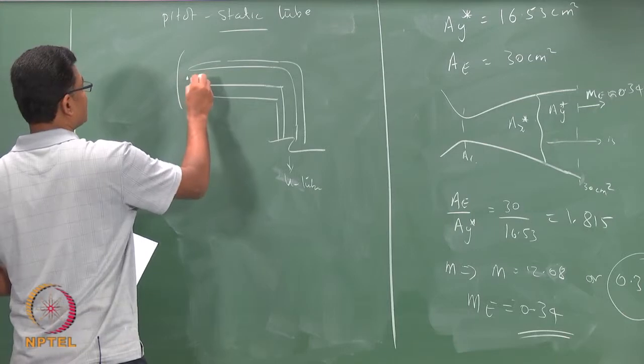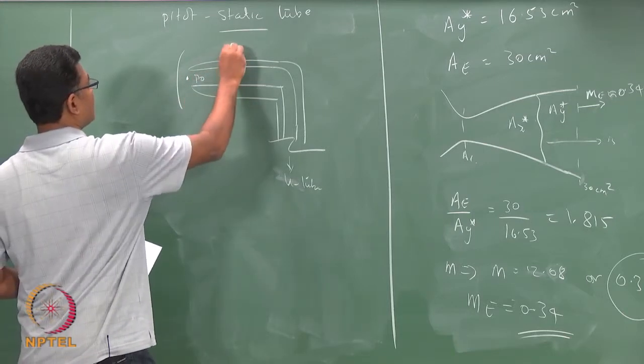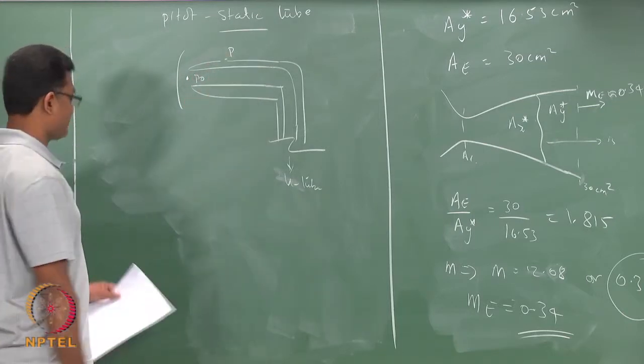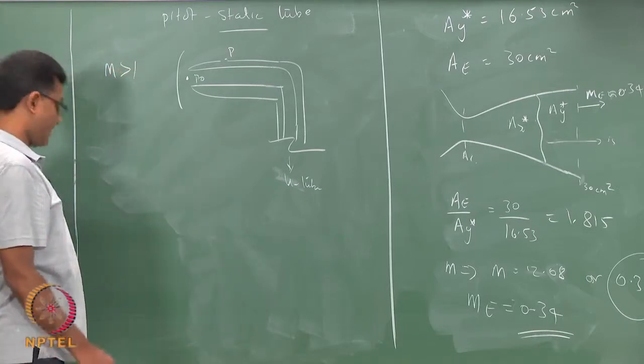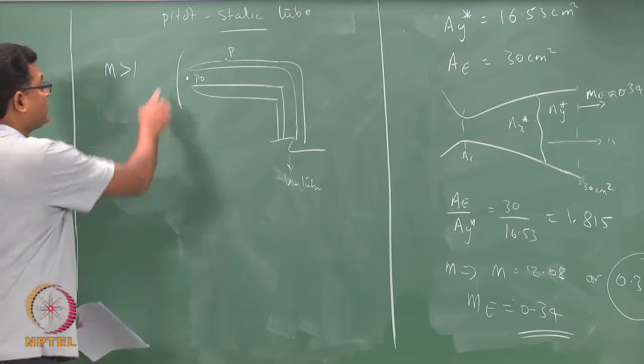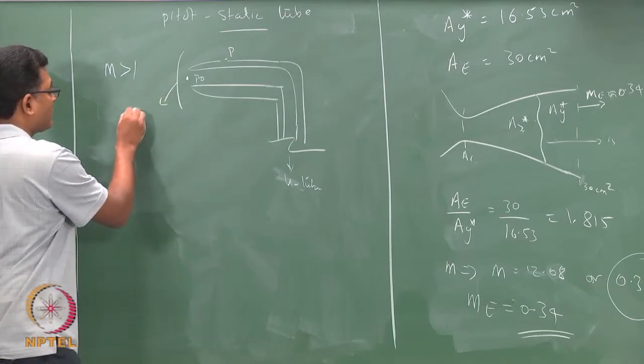So this is going to measure my P0, this is going to measure my P static. But if the oncoming flow is greater than Mach 1, you are going to have a shock in between. So assume a normal shock.